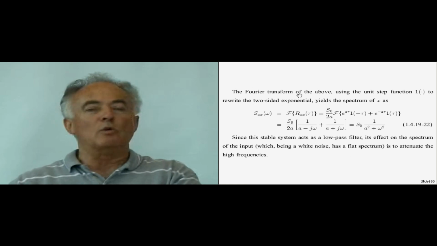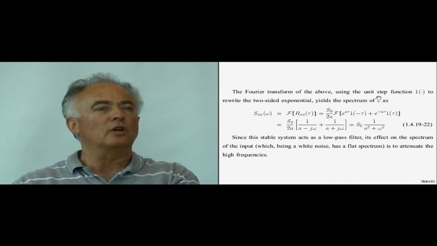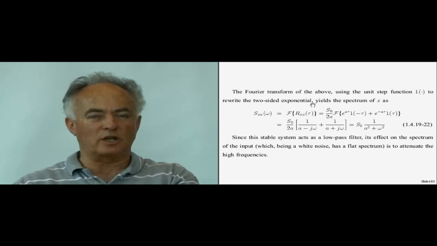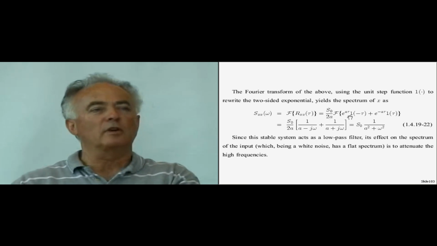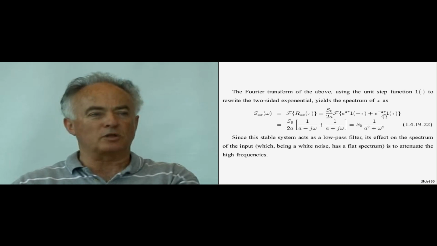Now we can go and take the Fourier transform of the above, and we'll use the notation of the unit step function to rewrite an exponential. Because we have a two-sided exponential, we need one expression for the negative values of tau and one expression for the positive values of tau.